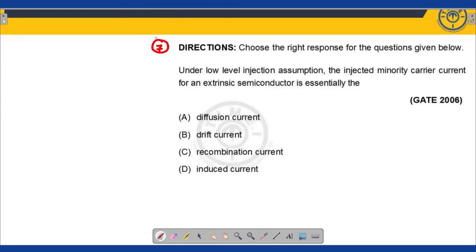See, under low-level injection assumption, the injected minority carrier current for an extrinsic semiconductor is essentially, my dear friends, which is pretty important over here. So he is asking, under low-level injection assumption, the injected minority carrier current for an extrinsic semiconductor is essentially what, my dear friends?